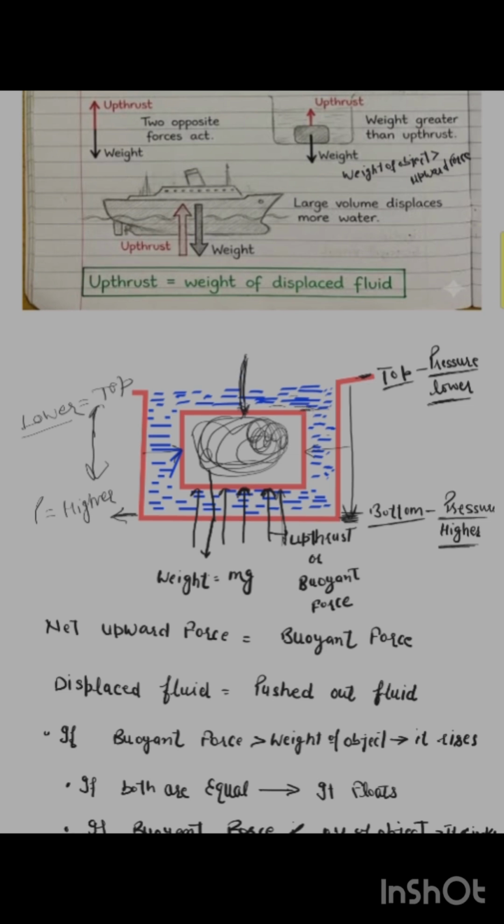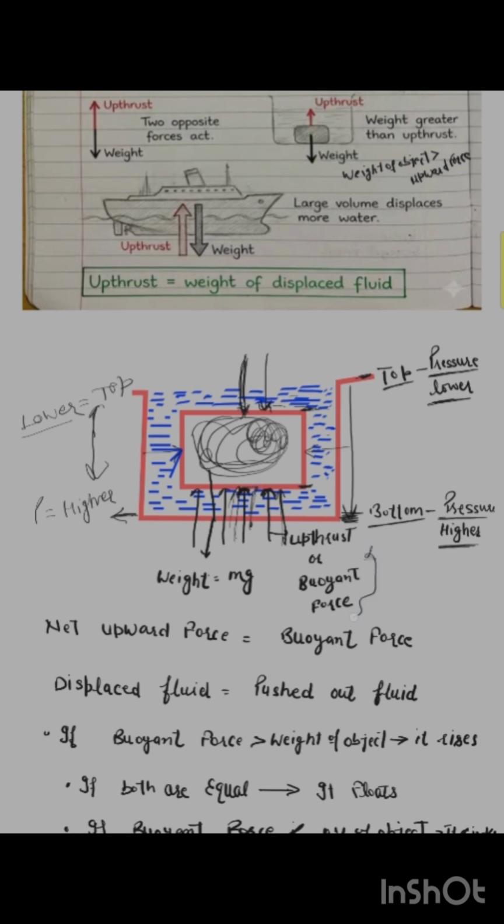Okay, because of the pressure difference at top and bottom, a stronger upward force acts on the bottom of the object and a weaker force acts on the top of the object. This net upward force acting on the object is called as buoyant force.